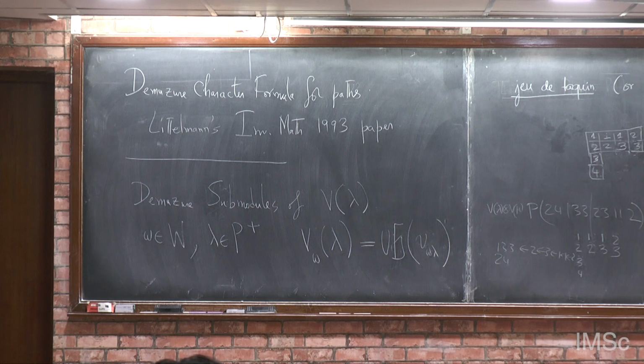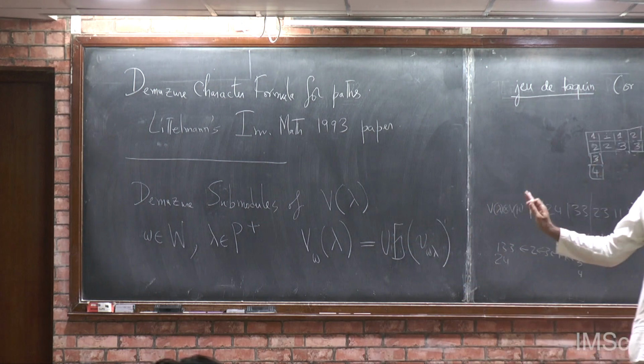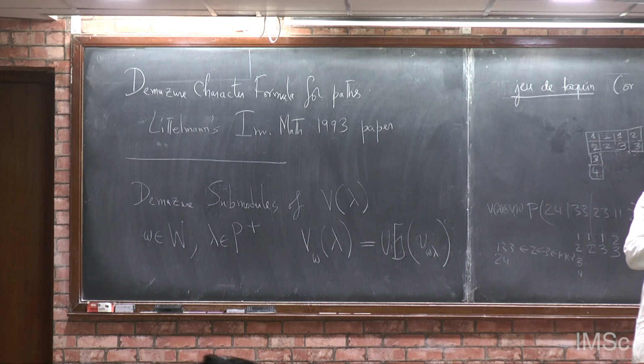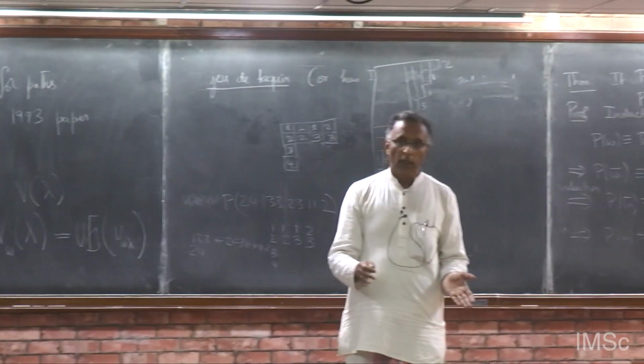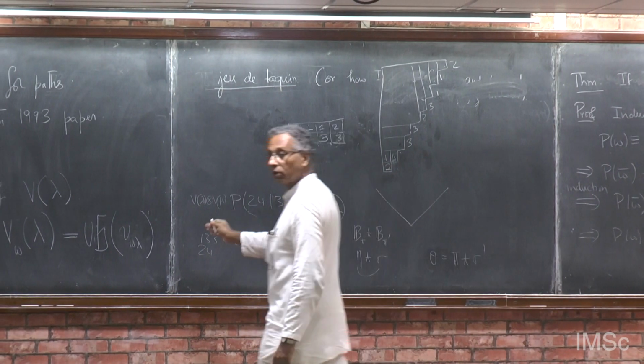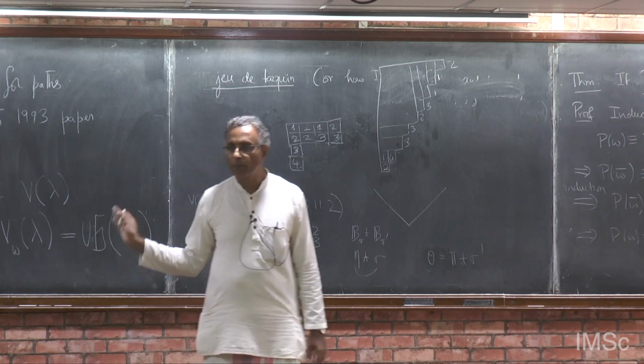By the way, too many details about these modules you don't need to understand. You only take them at face value. I will write down a certain formula, which is called the Demazure character formula, which gives you the character of these modules. These being B modules, they are also H submodules, and therefore they are weight modules.